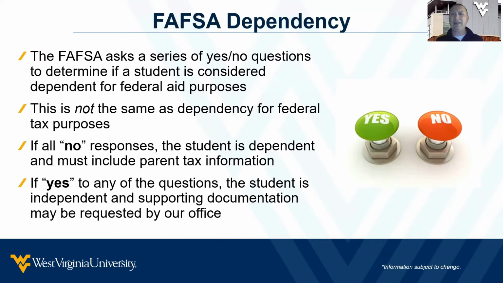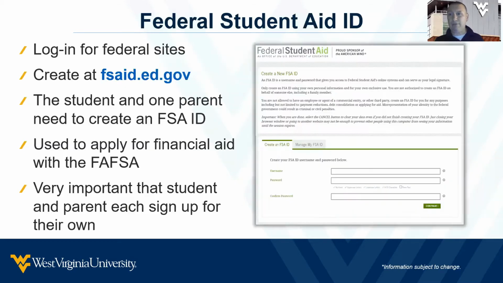Remember, this is not the same as dependency for federal tax purposes. If all of your responses are no, then the student is dependent and they must include the parent information. But if any of those questions have a yes response, the student can be declared independent and the supporting documentation will be requested by our office.